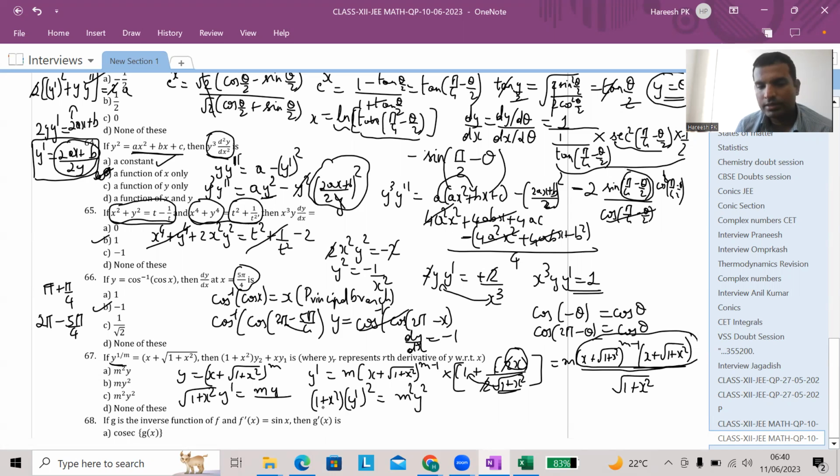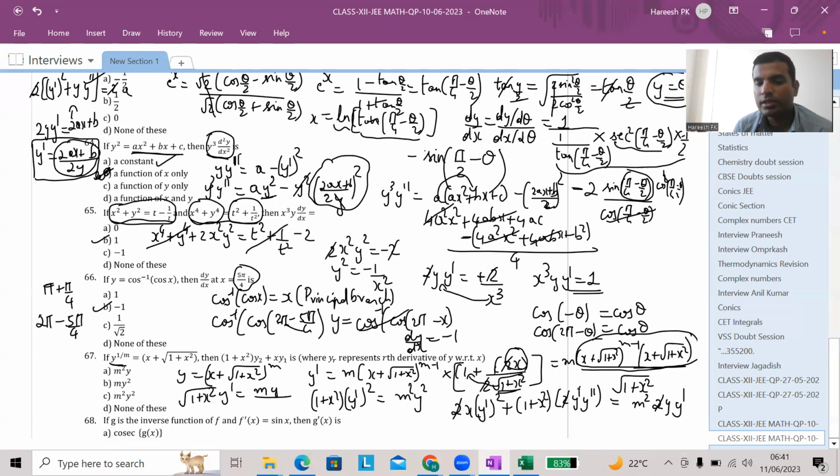So when I differentiate using product rule, I'll end up getting 2x y dash whole square plus 1 plus x square into derivative of y dash whole square, that is 2y dash y double dash. And when you differentiate on the RHS y square, you will get 2y y dash. So now 2 can get cancelled everywhere.